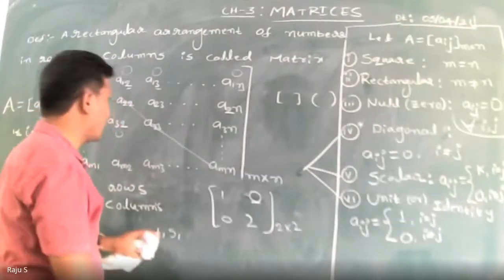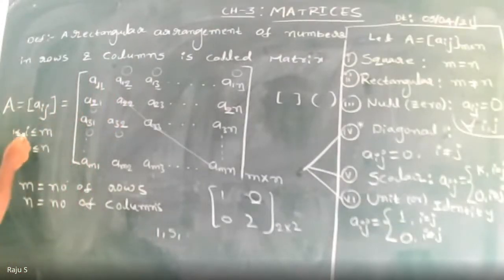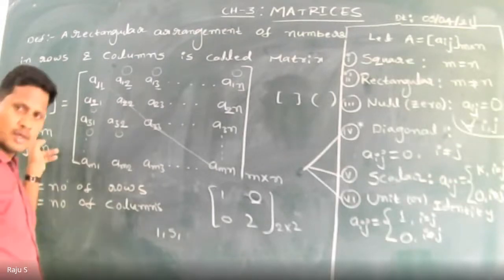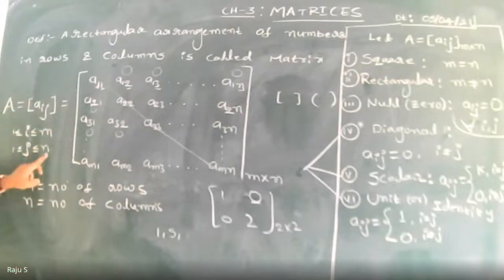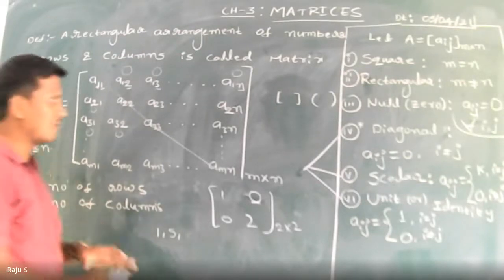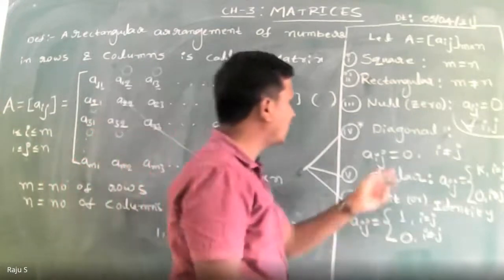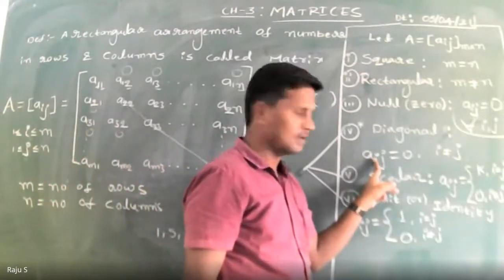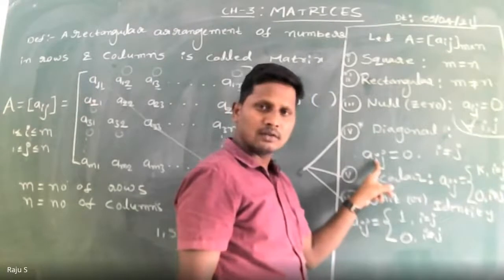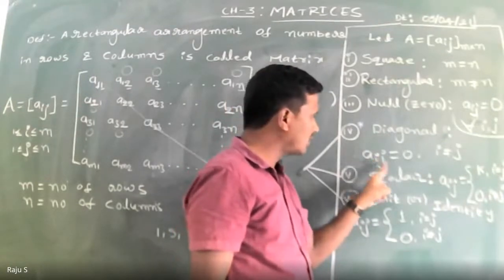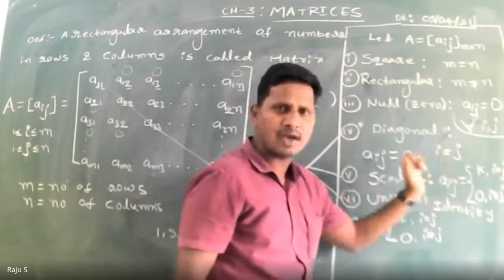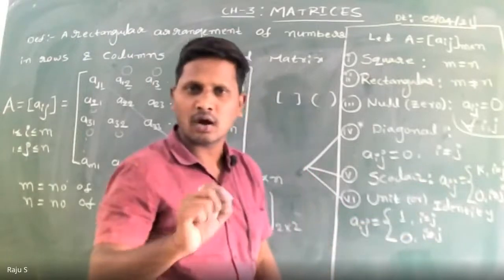Clearly, i will represent the row and j will represent the column. So i is related to row and j is related to column. For Aij, we just have to check whether the row is equal to the column or not.